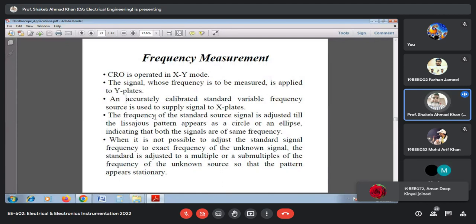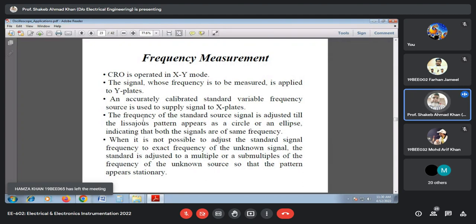Now since it is variable, we vary the signal which we are applying to the X plates, and as you vary, you will find that different kinds of patterns appear on the screen. We will keep on varying the frequency of the signal applied to the X plates till we get a circle or an ellipse on the screen.